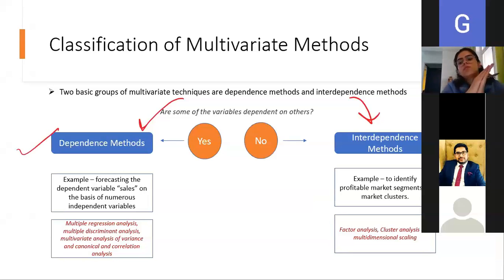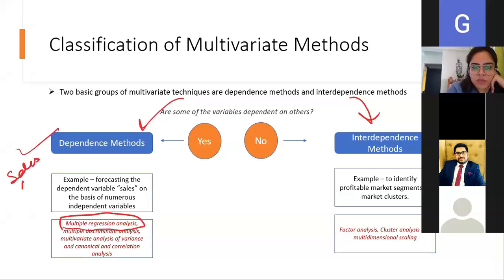A dependence method is when you have a dependent variable. Do you have a dependent variable in multiple regression? In multiple regression, you have a dependent variable, say sales, and you are checking the effect of independent variables on this dependent variable.